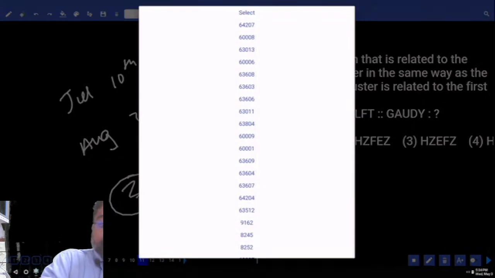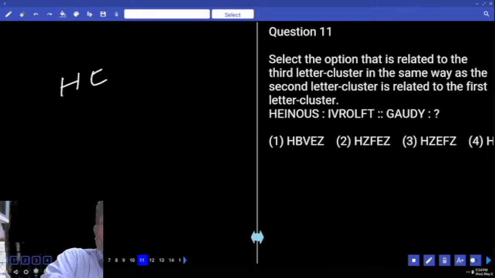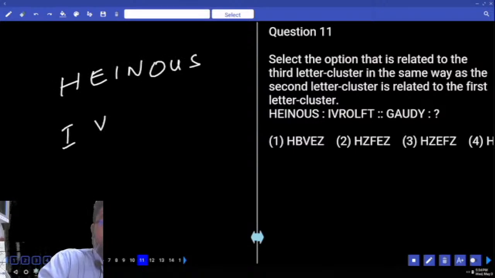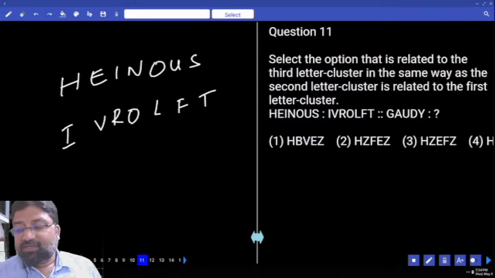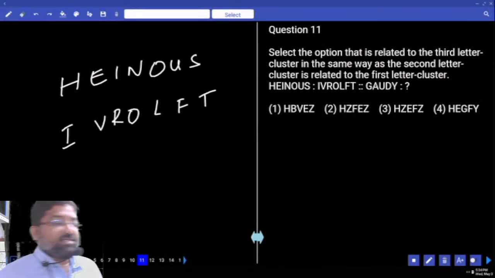Now look at this. HEINOUS. HIEVIRNOOLUFS and T. What did you understand? Most of the letters in that word, we have opposite letters.